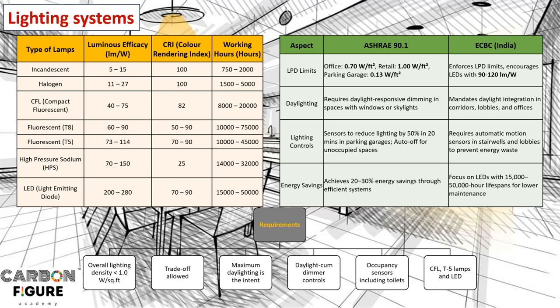So we have different types of lamps and their respective characteristics, and for different aspects of lighting, we have guidelines provided by ASHRAE 90.1 and ECBC India, right?